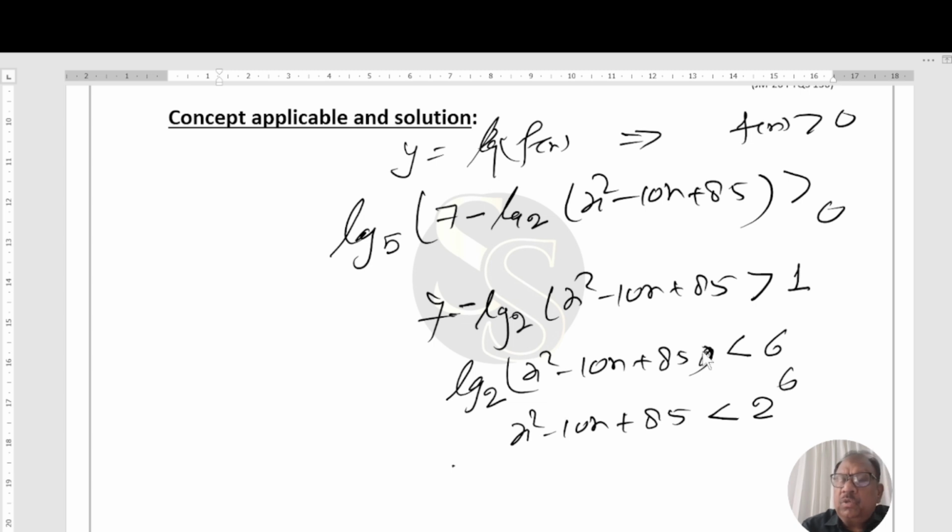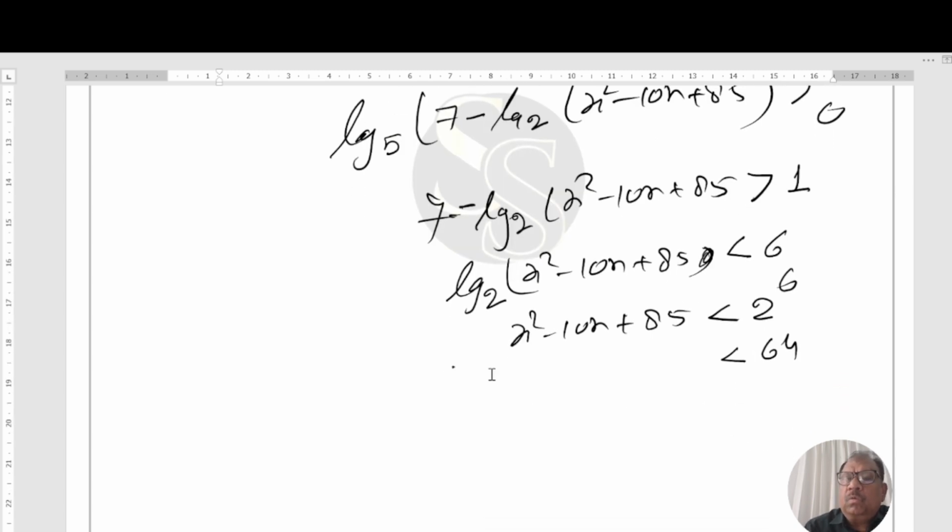In an inequality, the sign changes when the base is less than 1. Here the base will not change. That is 64. Now, x square minus 10x plus 85 minus 64 less than 0.